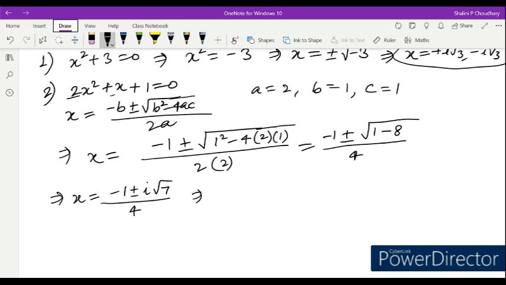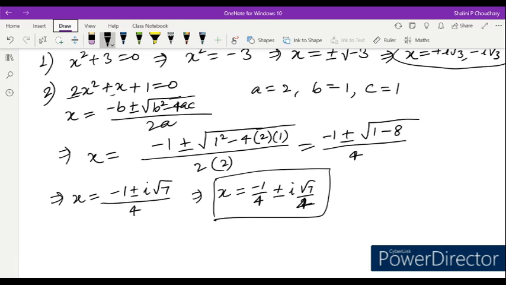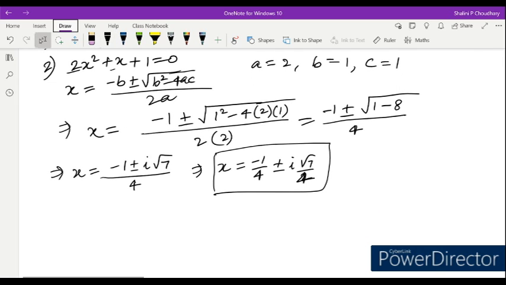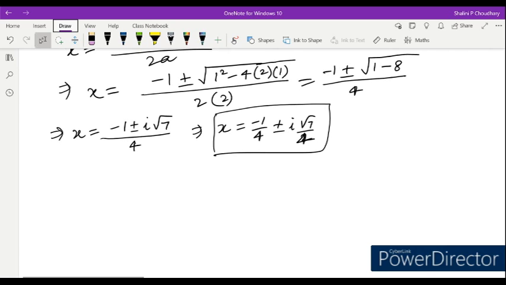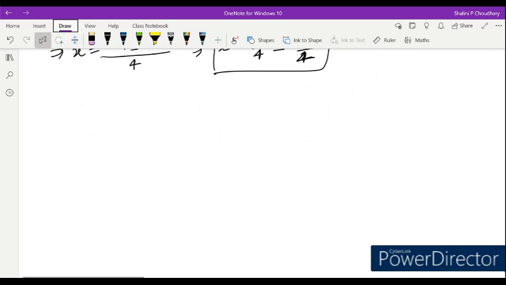So the two roots in complex number a plus I b के term में we can write x is equal to minus 1 upon 4 plus minus I root 7 upon 4. Okay, so these will be the roots of x in the term of complex number. Now the next question, question number 3.